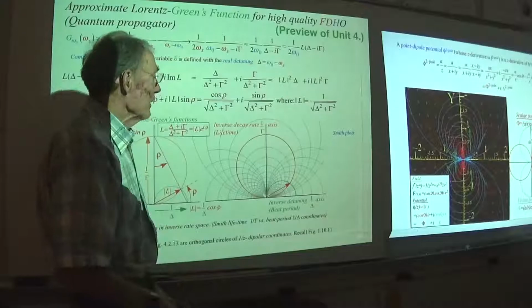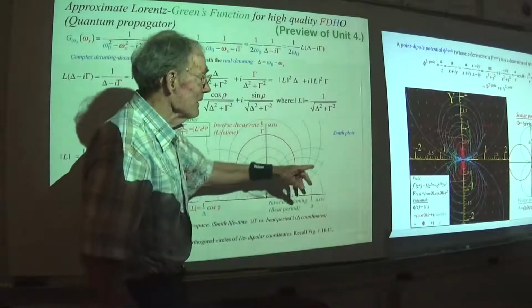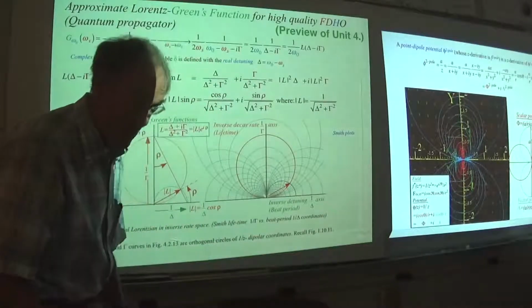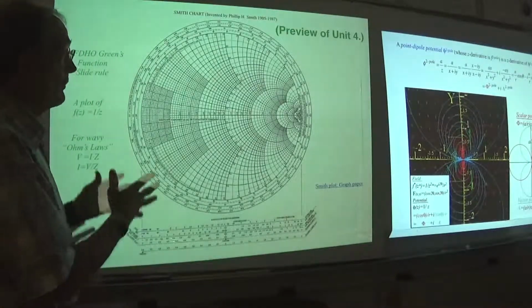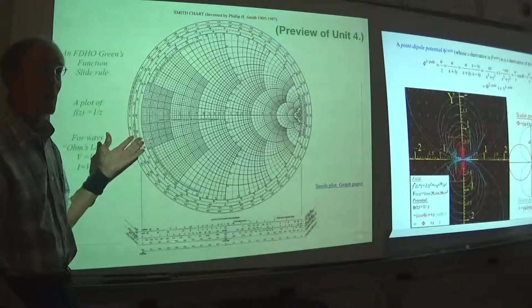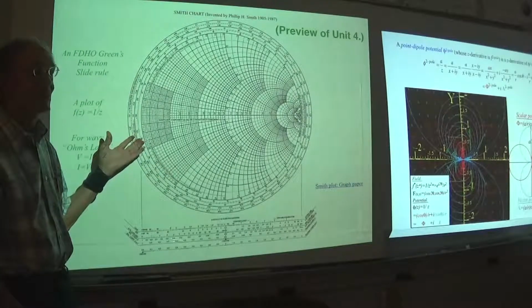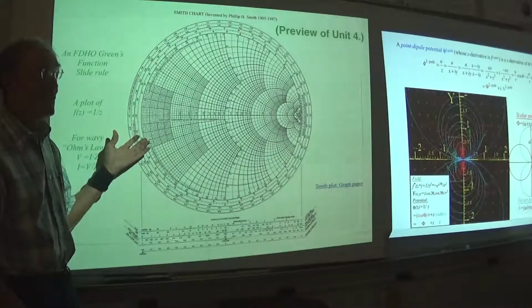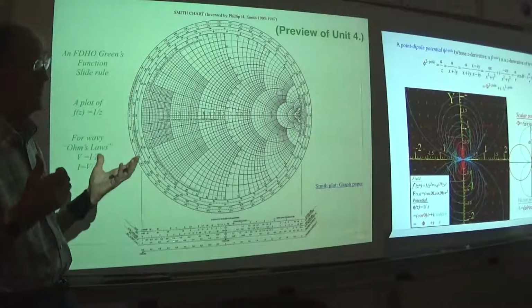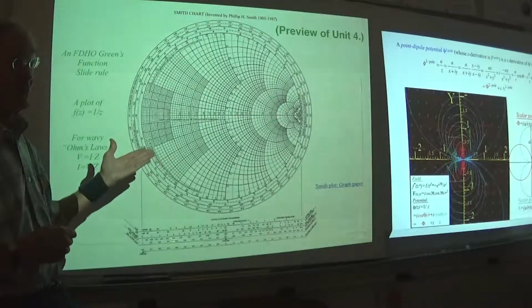It's a very important plot, but it's got a name, Mr. Smith. This is a Smith plot, and there's Smith graph paper. How many people have seen this anywhere in your studies? Has anybody ever seen this? Well, that's the problem with physics, is they don't talk about some really deep engineering that goes on.